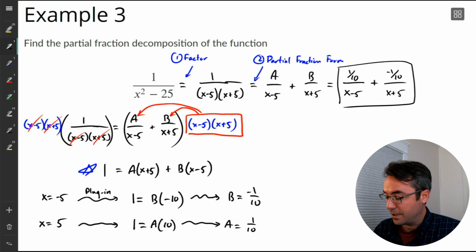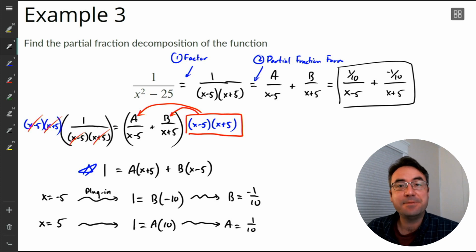All right, so we're going to stop there for today. Next time, we're just going to look at some more examples, things where we might have linear repeated terms, maybe some irreducible quadratics where we go through this procedure of finding the coefficients a and b.